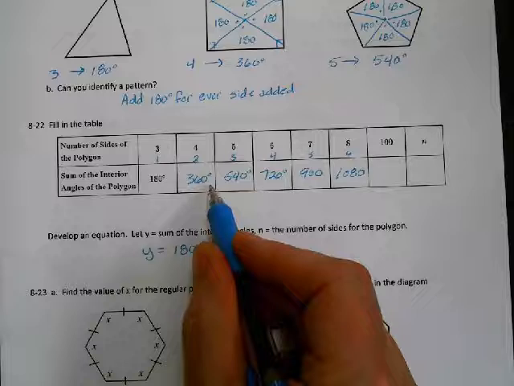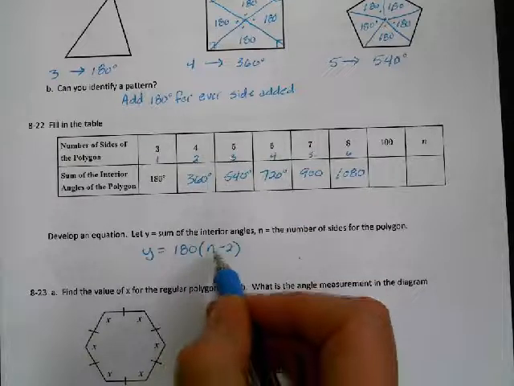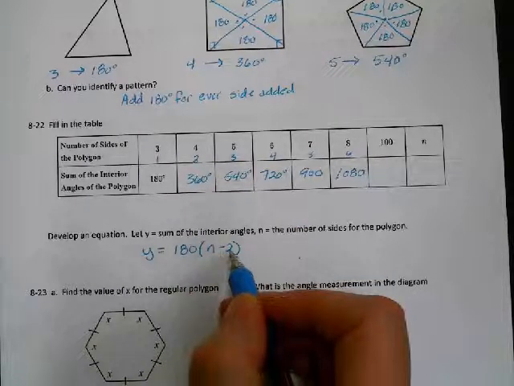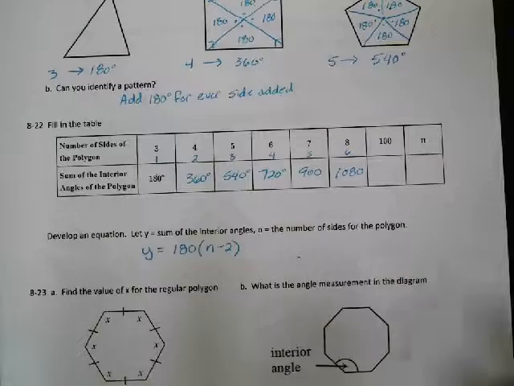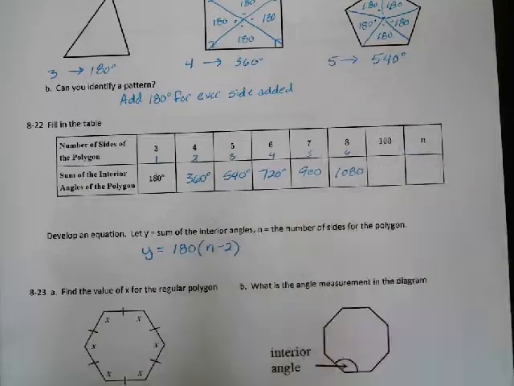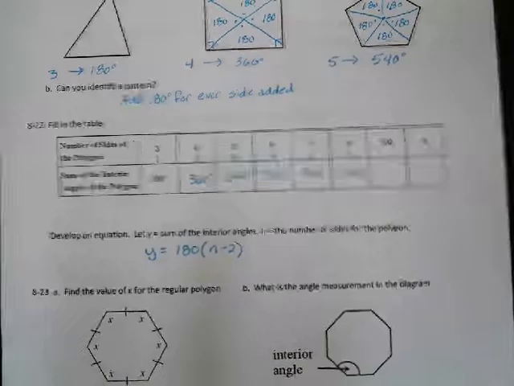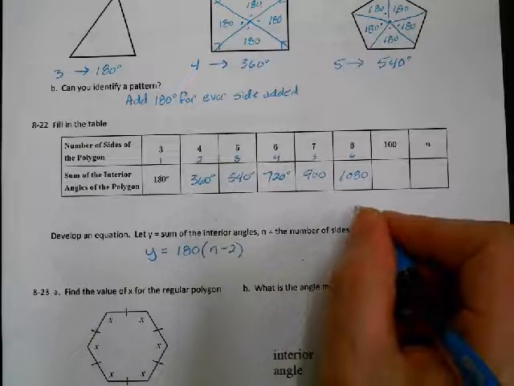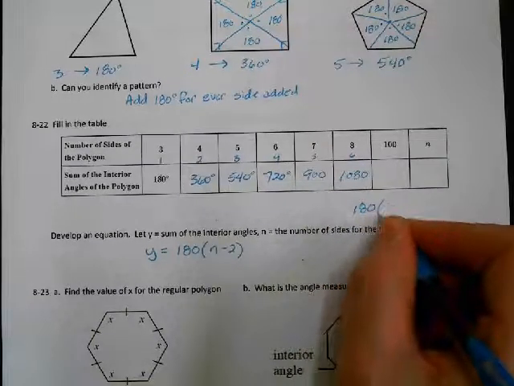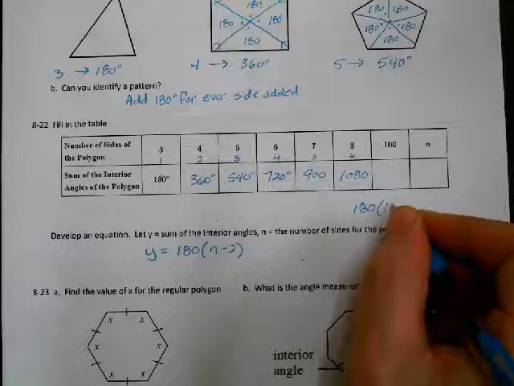When I plug in 5, I plug in 5 here. 5 minus 2 is 3. 3 times 180, there's 540. Okay, now that we know that, we can come up with our 100 sides. So for 100 sides we do 180 times 100 minus 2.